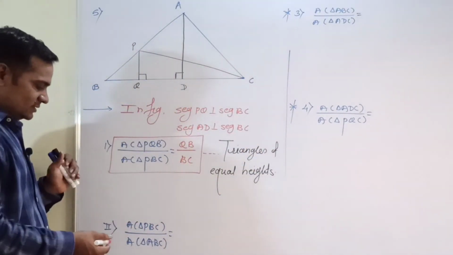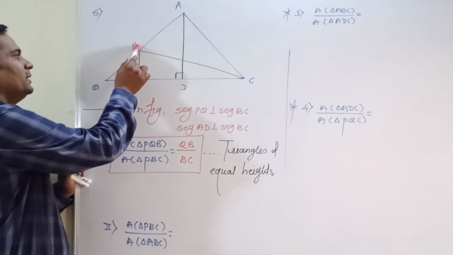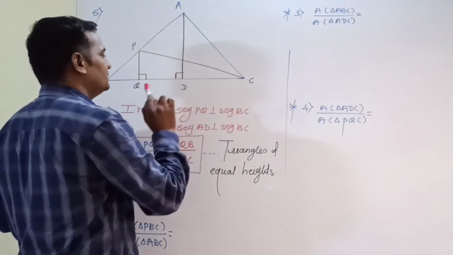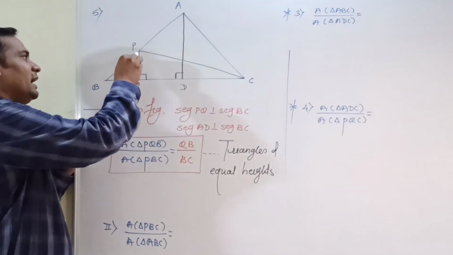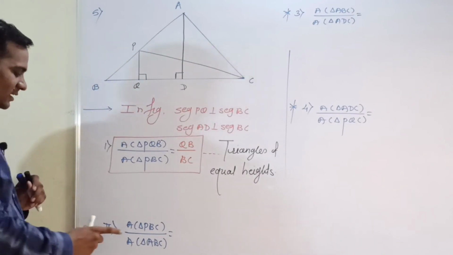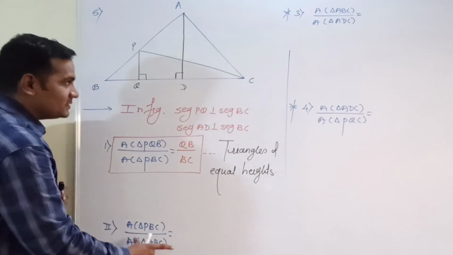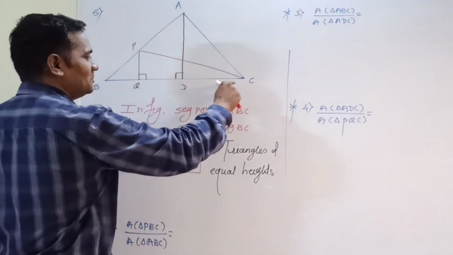Now the second ratio, triangle PBC. BC is the base of the triangle PBC, and PQ is the height of the triangle PBC. In case of a triangle ABC, again BC is the base.